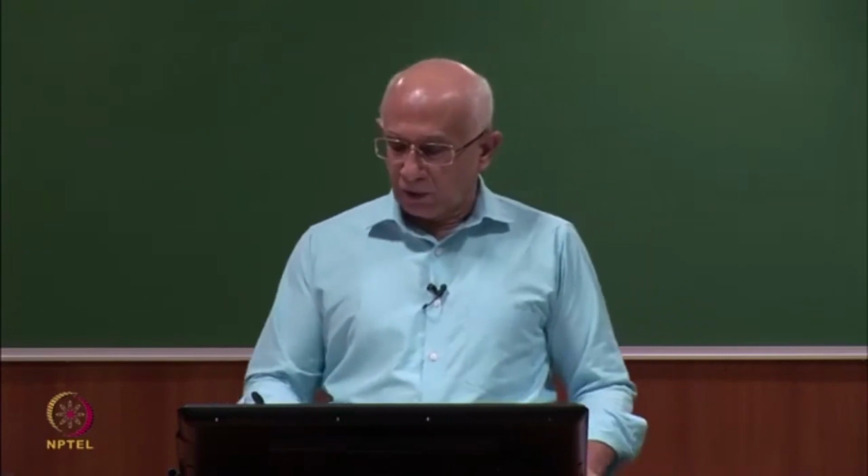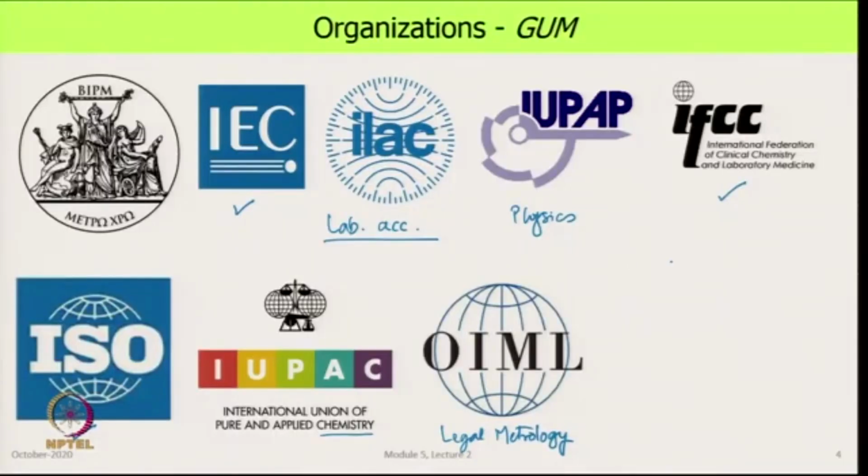Besides these, we have already seen that this standard got homogenized with ASME PTC 19.1. ASME is the American Society of Mechanical Engineers, and this standard is now a mother standard for many other applications, including aeronautics and astronautics and several other things.